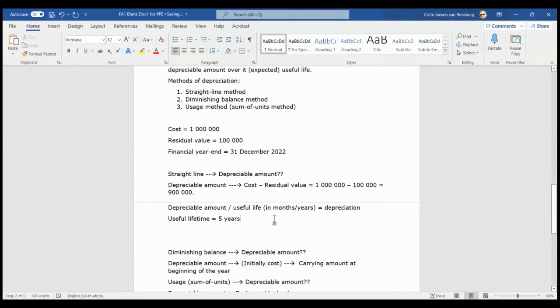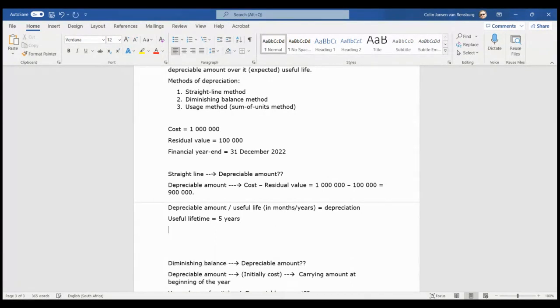Now we've got to calculate the depreciation. Let's say the useful lifetime is going to be 5 years, right? And that we've acquired, let's say this is a machine. Right, so those are our facts now.